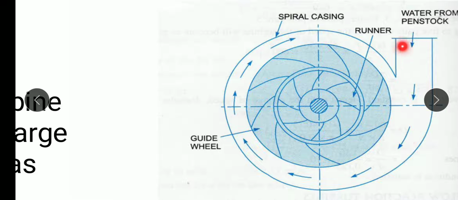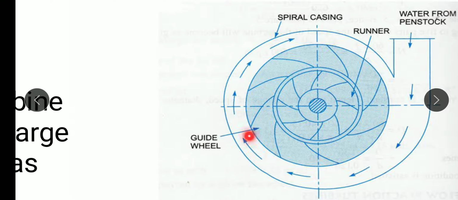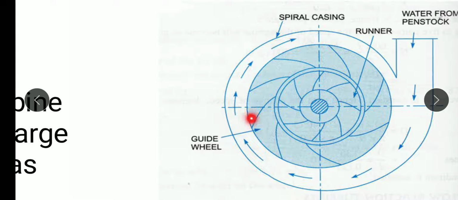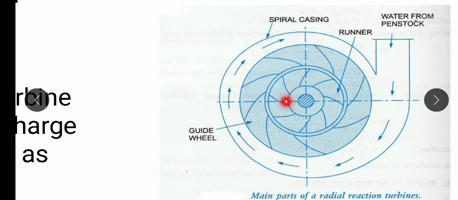This casing is connected to the penstock, and water comes from the penstock. Inside the casing we have the guide mechanism, that is the guide wheel, and we have the runner. The runner has a number of vanes. Look at the diagram carefully.